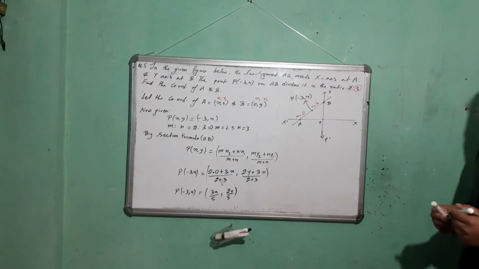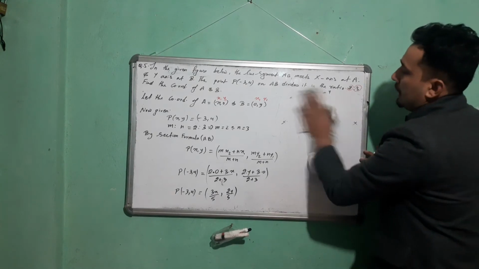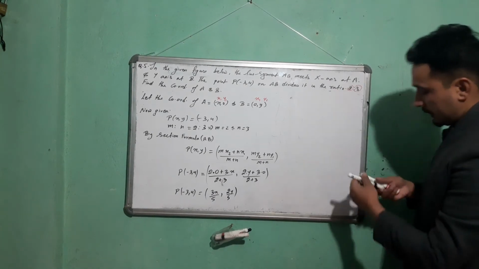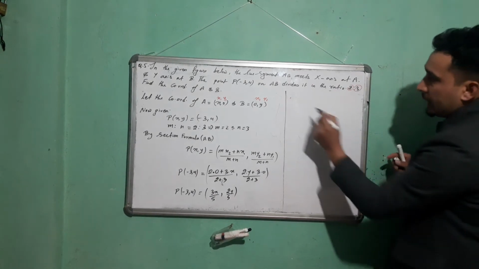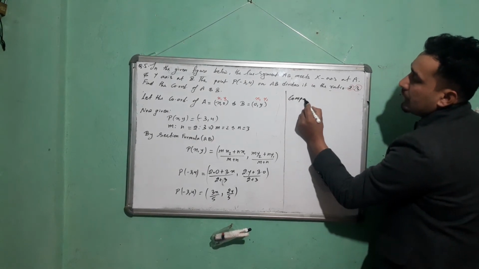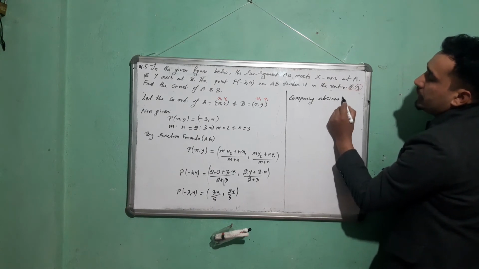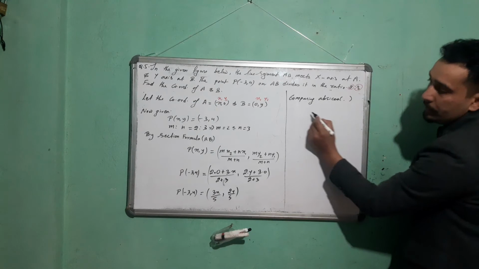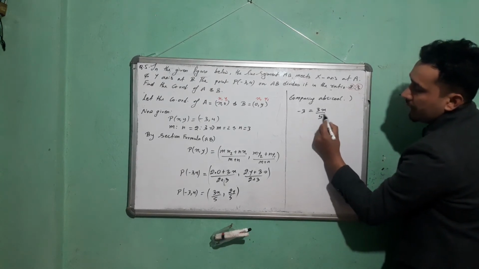Now again we do the comparison. Comparing abscissa, which means the value of x: minus 3 is equal to 3x upon 5.